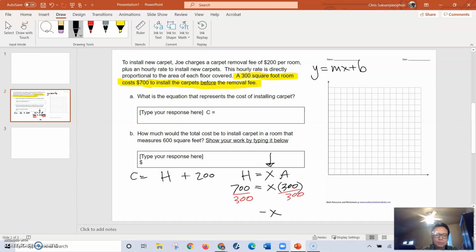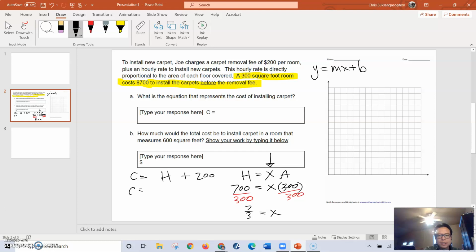X will be equal to 7 over 3. Remember, you can reduce 700 and 300 to 7 over 3. Okay, so that's our conversion factor. You can also call it the slope. So let's put that into the equation.